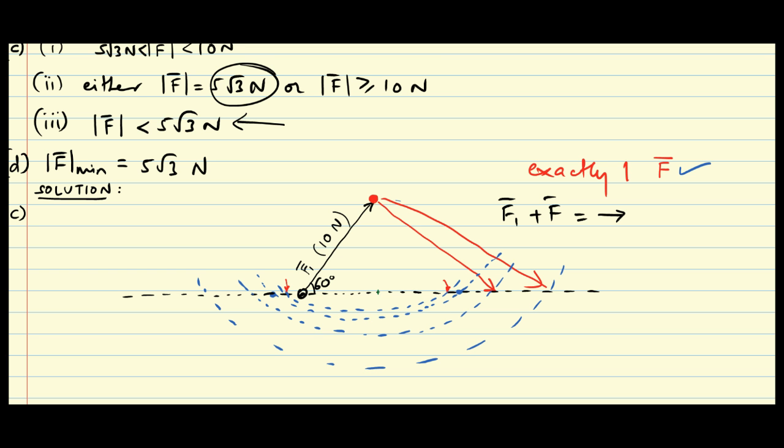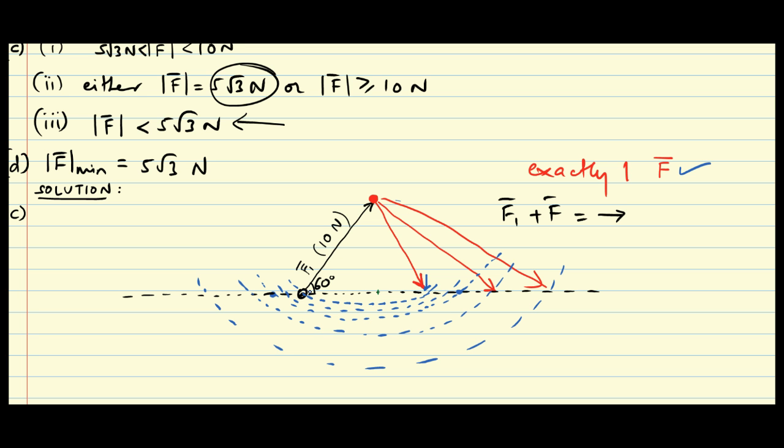But you can see that as the radius of the circular arc decreases, finally what's going to happen at one stage is that when the radius of the circular arc is 10 newtons itself, the circular arc passes through the particle over here, and on the other side of course it does cut the horizontal line in one point over here, and you can see that if I do draw that particular force f bar corresponding to this situation, then I do get one intersection point to the right of the particle.